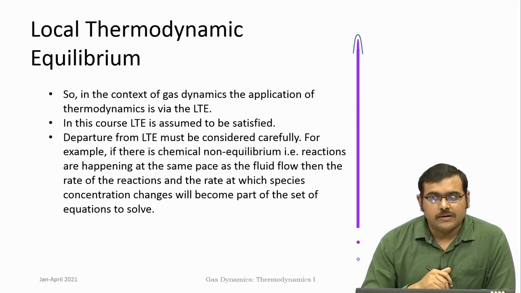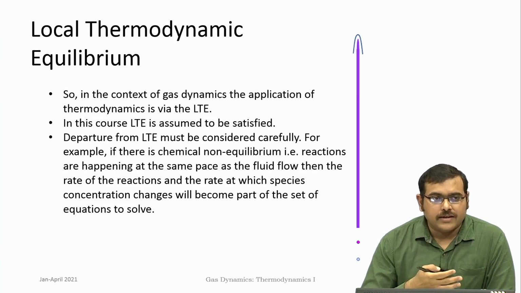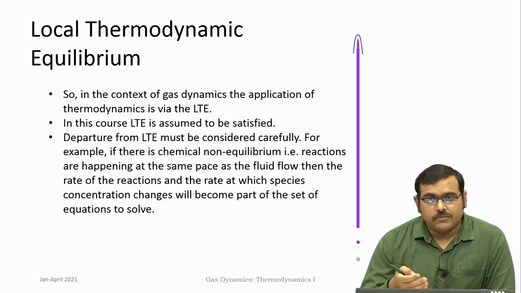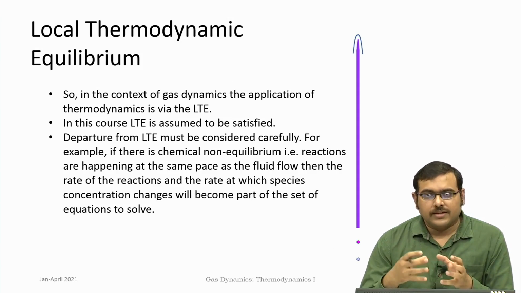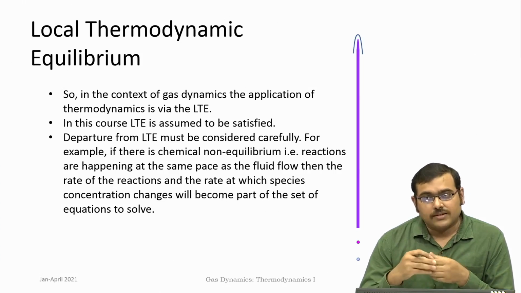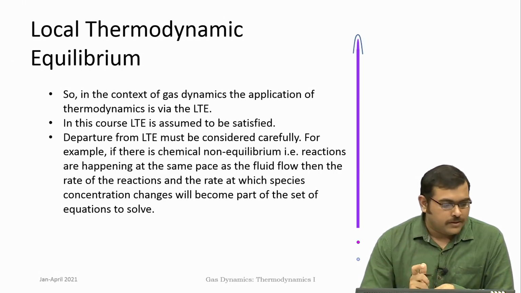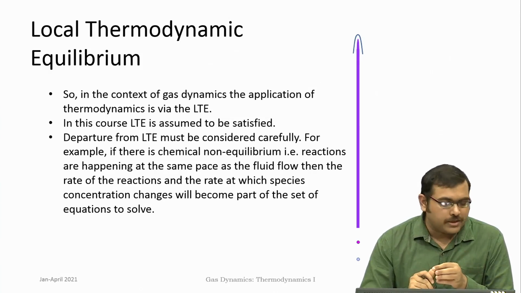An example is chemical non-equilibrium, with reacting flows, where reactions happen as fast as the fluid flow happens, so the species change with the rates of formation as the flow happens. The set of equations then involves separate equations for such species. In this course we will not consider a departure from local thermodynamic equilibrium.